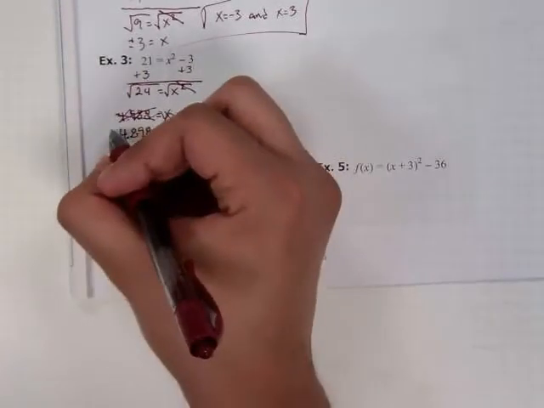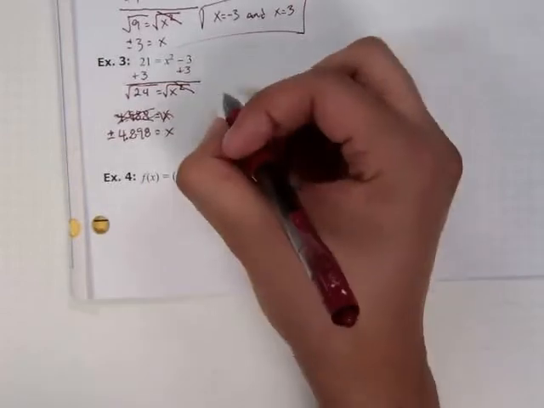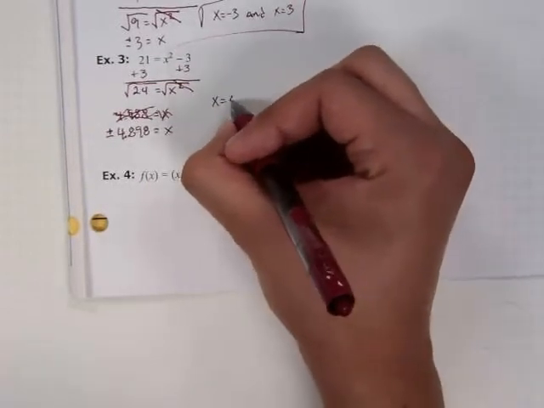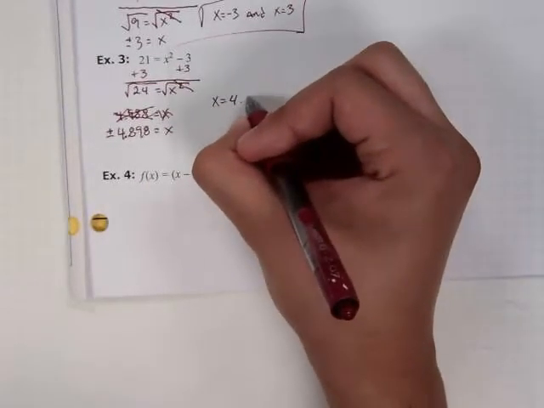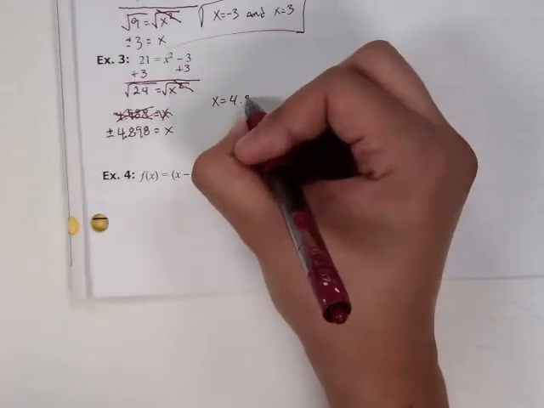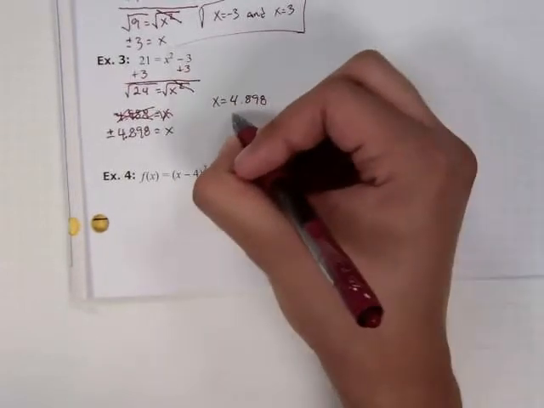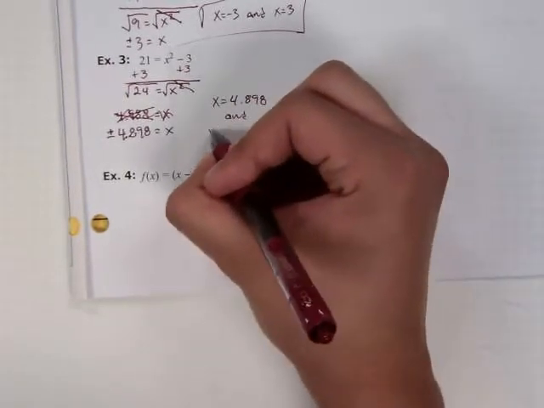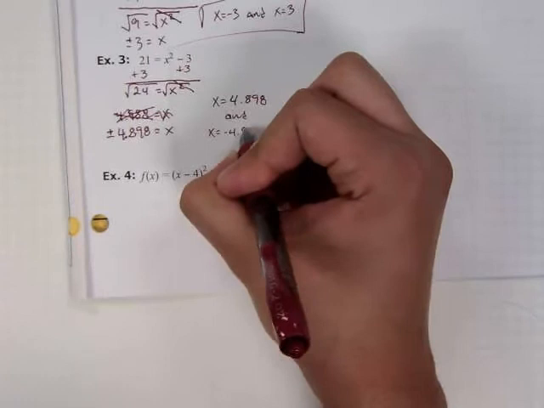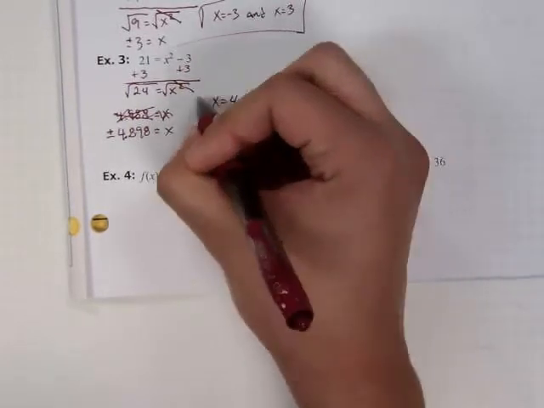The second part of step 4 says there's two answers, a plus and a minus. So x is equal to positive 4.898 and x is equal to negative 4.898.